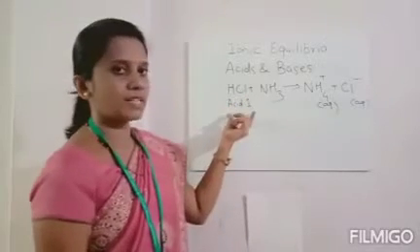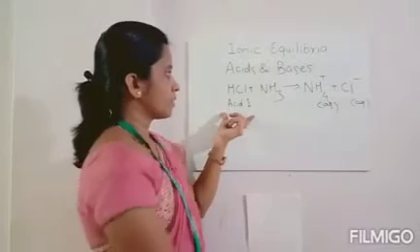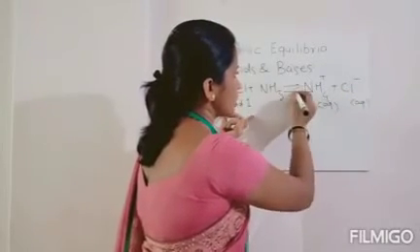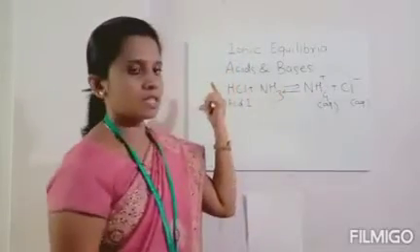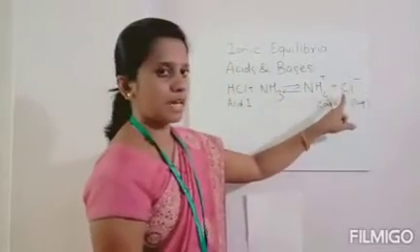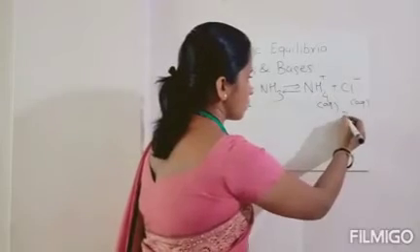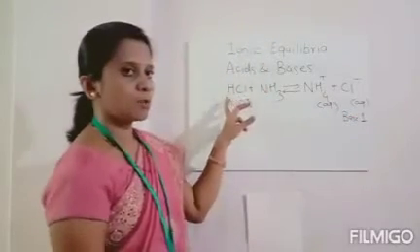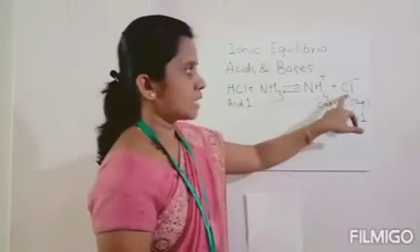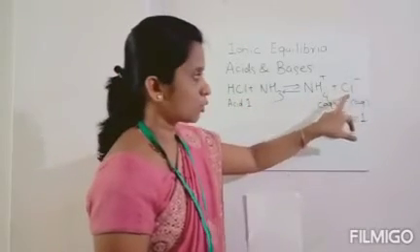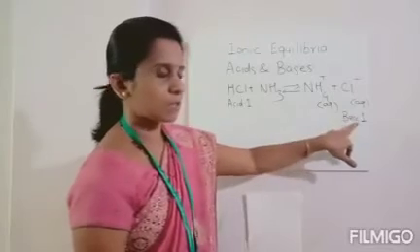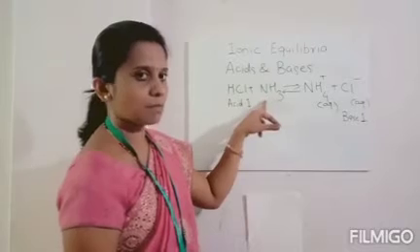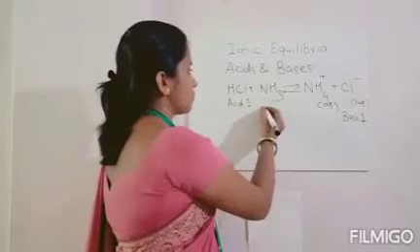So it is denoted as acid 1, and corresponding base will be Cl minus, because when the reaction takes place in this, Cl minus will accept proton. So this is what? Base 1. HCl proton donor acid 1, and Cl minus will accept proton, which will be base 1. Similarly, NH3 is accepting proton. So it is what?